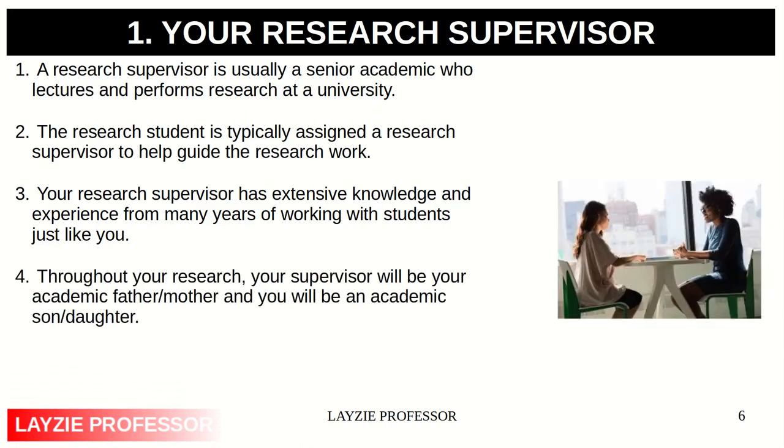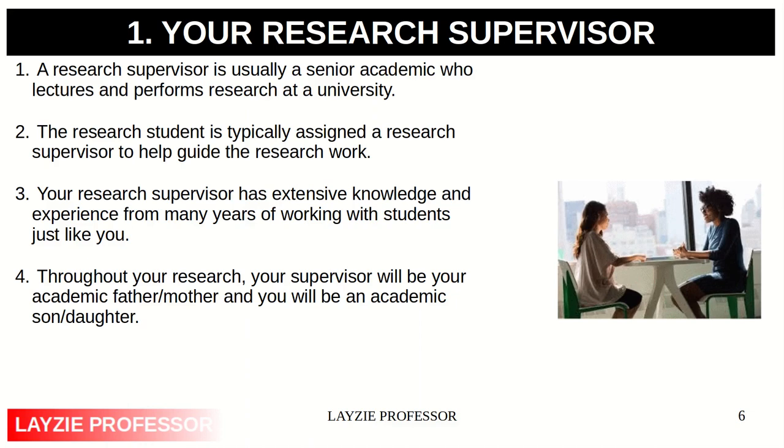And throughout your research, your supervisor will be more like an academic parent to you, and you will be more like an academic child. So it's more like a parent-child relationship between the two of you within the academic space. And your supervisor will be there for you when you run into an obstacle or when you run into challenges.